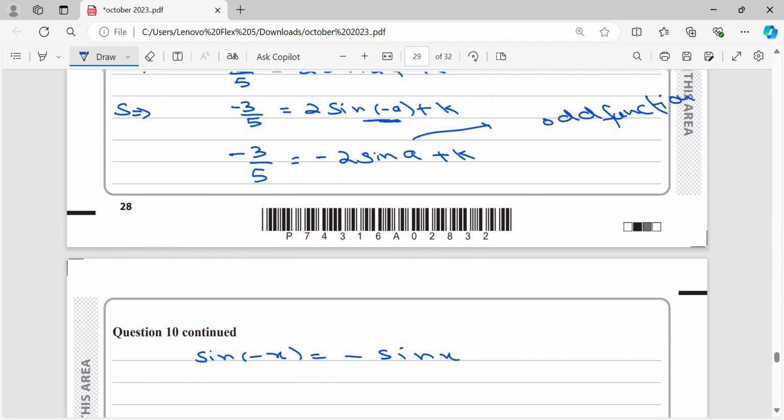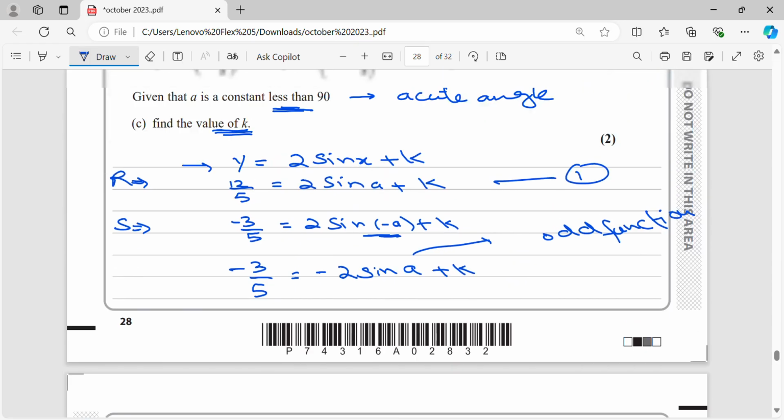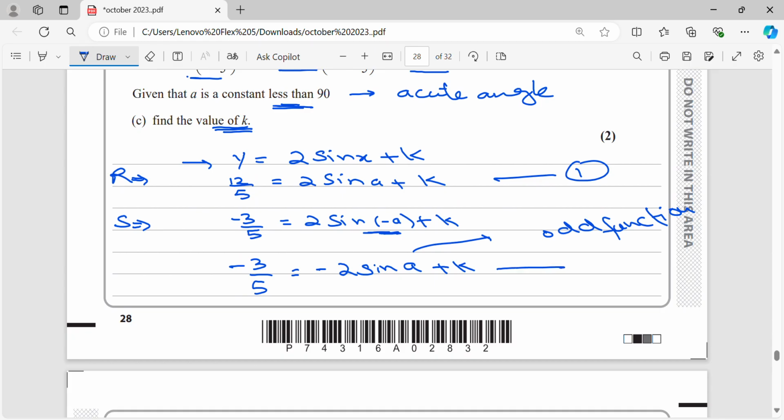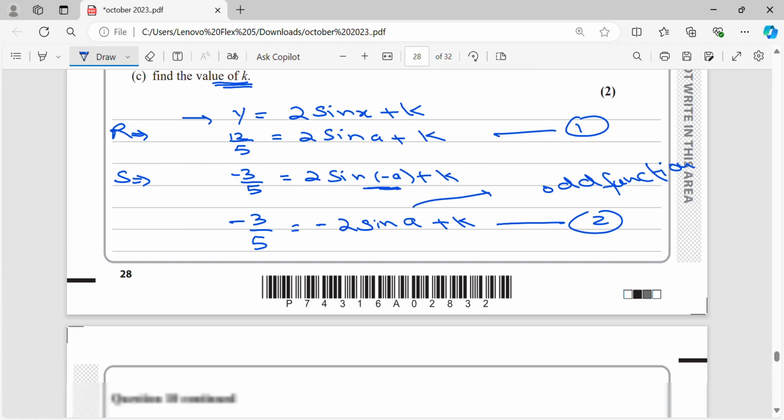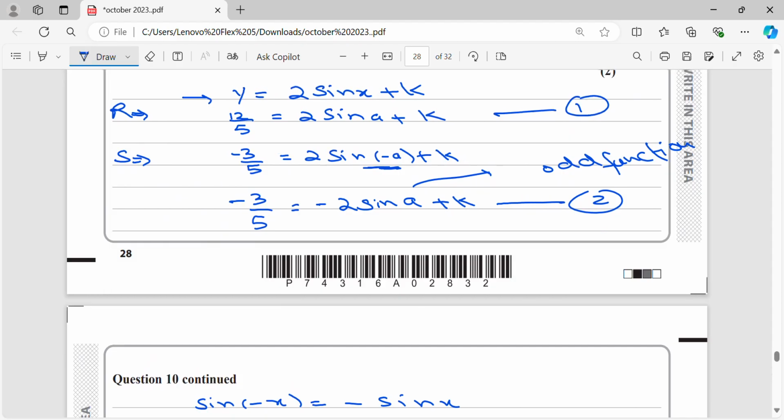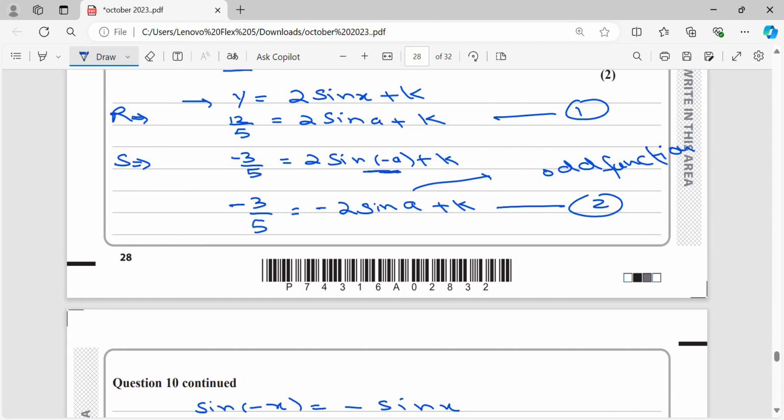So now from equation 1 and equation 2, let's solve them simultaneously. Because I have to find the value of k, I will not eliminate k, rather I will eliminate sin a.